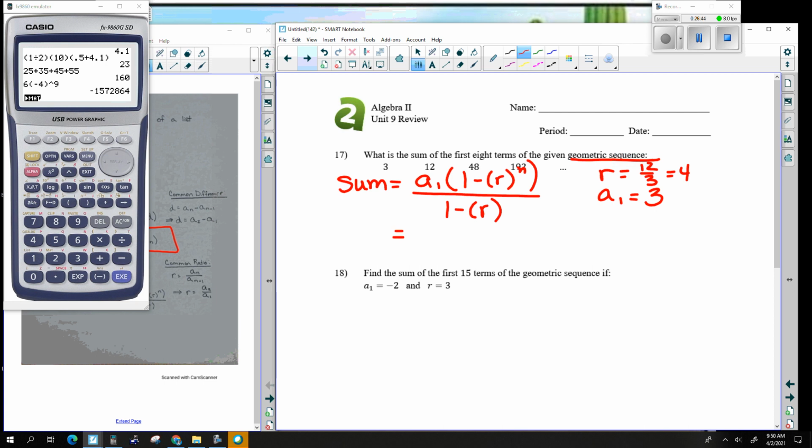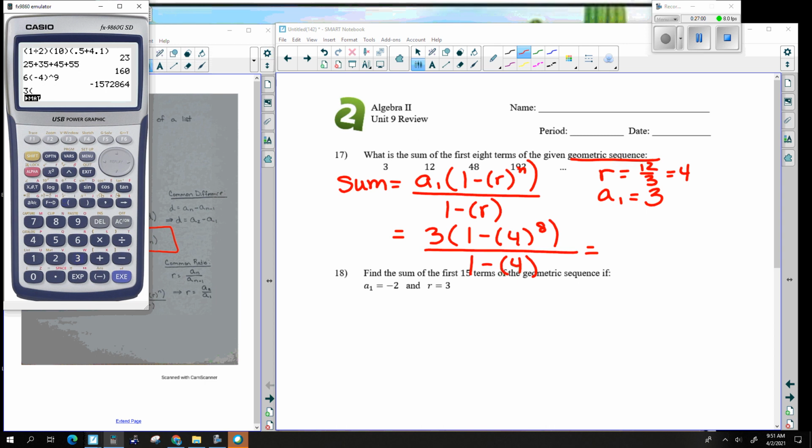So this is 3 times 1 minus 4 to the n, 8 terms, divided by 1 minus 4. Again, I encourage you to get a top answer, bottom answer, and then divide. So the top is 3 times 1 minus 4 to the 8.